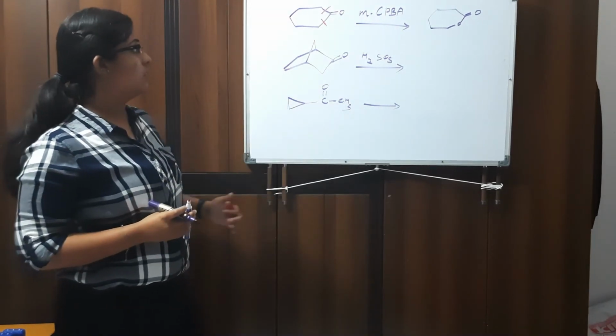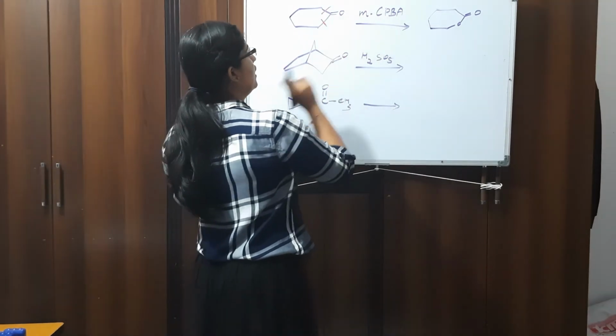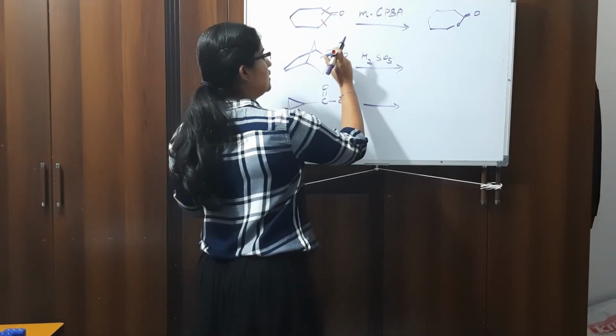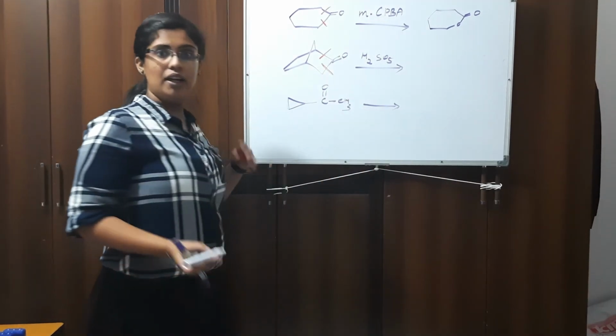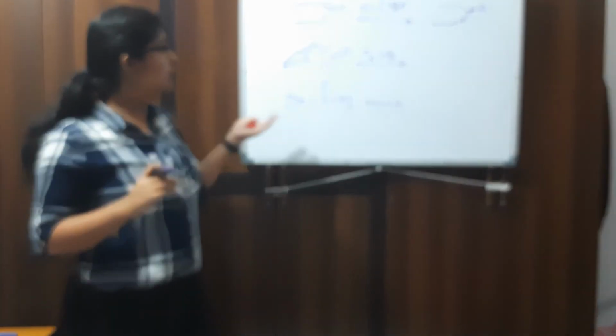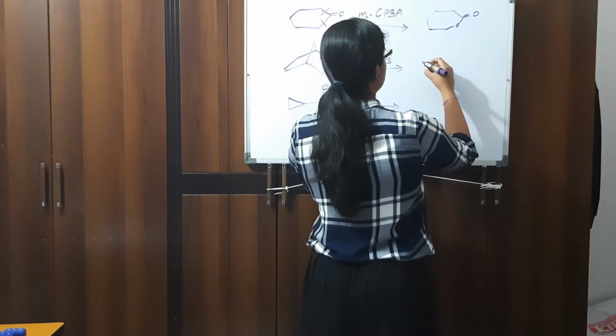Same goes for the other 3 examples, like here also. Now it would be either this side which is breaking or this side which is breaking, that carbon-carbon bond, and oxygen would get added. But this is tertiary, this is secondary, so which has more preference? This side has more preference. So what would be the product?